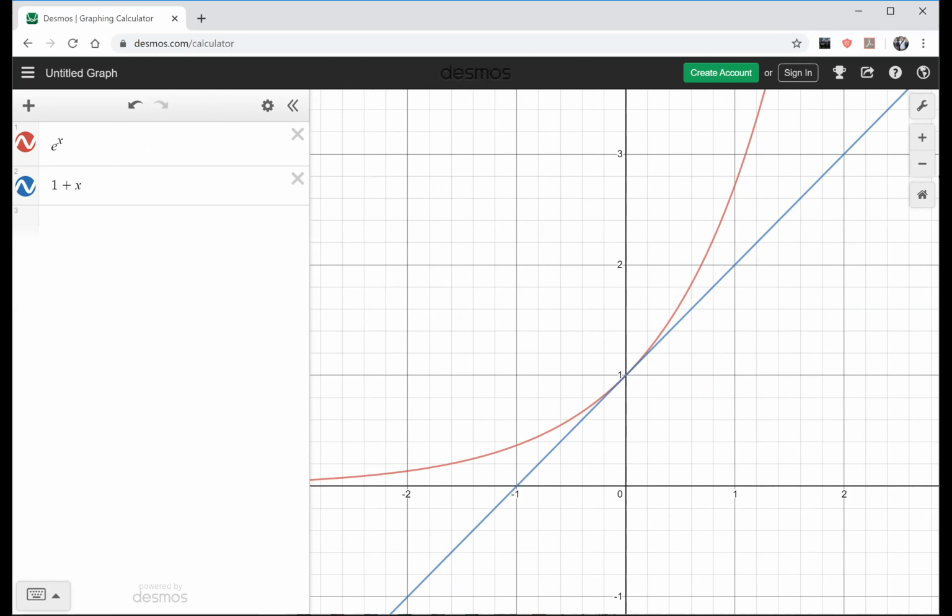And what you'll see, if I annotate it, is that near this point, that's the point 0, 1, my approximation's pretty good. But what about my approximation out here? Any good?